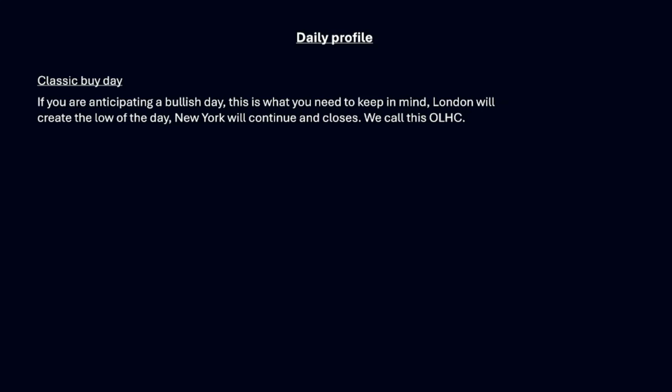If you were to trade the Euro JPY, in the first section I'd be looking for price to create the high or the low. If I'm looking for higher prices, in the first section I'm anticipating price to create the low of the day, while in the second section I'm anticipating a trend continuation leading to the close of the candle.